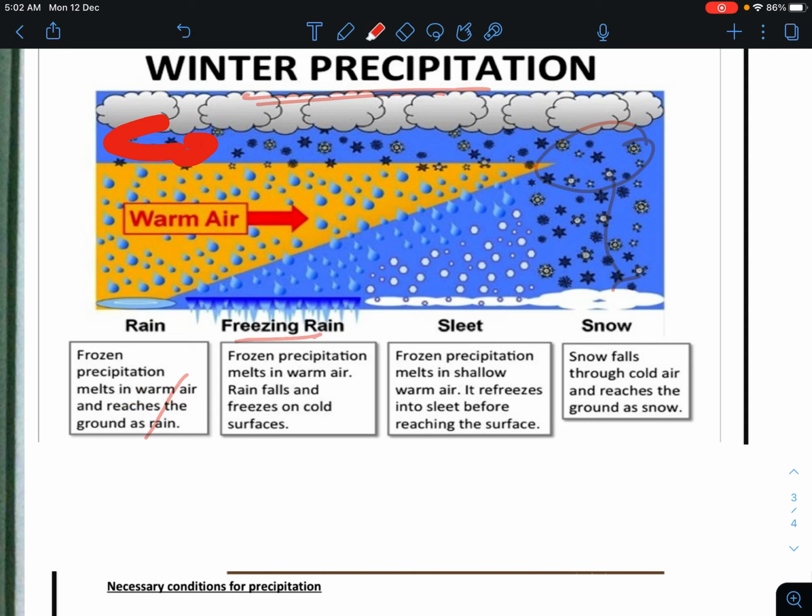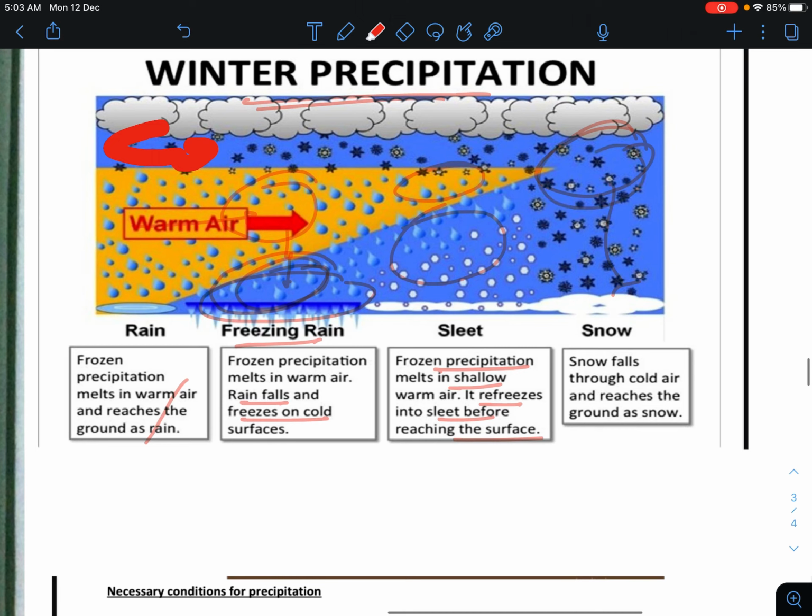Now suppose this warm air melts the frozen precipitation, but below this there is cold air, a cool surface, so the rain falls and freezes again on the cold surface, meaning this surface is again cool. Now the frozen precipitation melts slowly in this area, in the warm air, and it refreezes into sleet before reaching the surface.